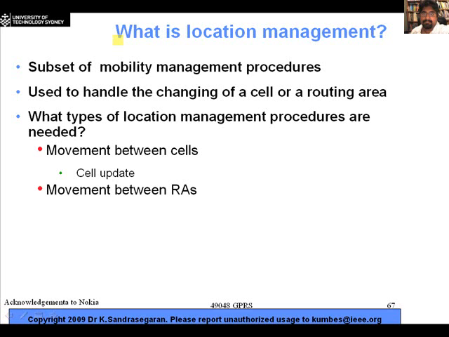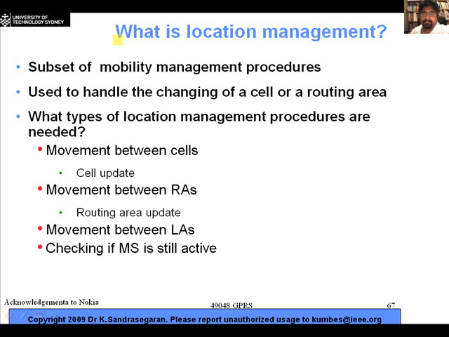You can also have movement between routing areas, called a routing area update. And you can also have movement between location areas, which is called location area update. It's also possible to do routing area and location area update simultaneously in GPRS.